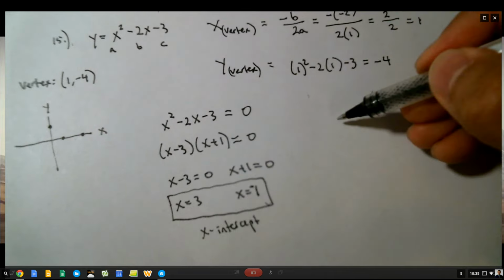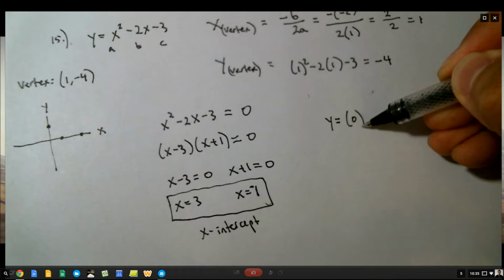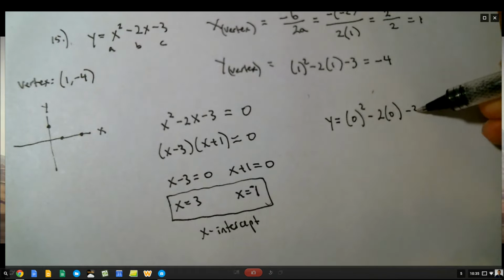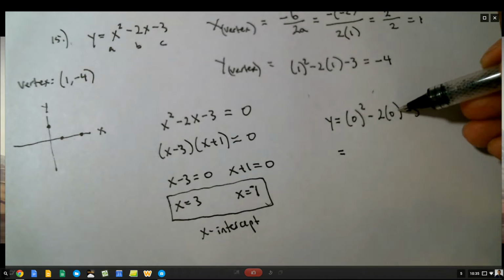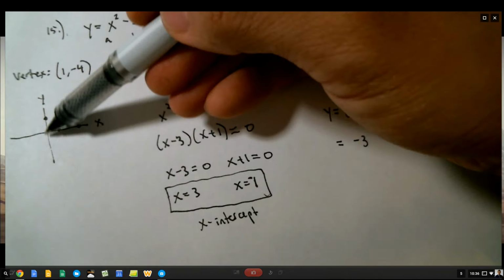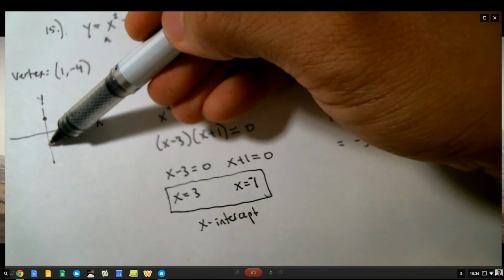So what we can do is set x to 0 and solve for y. Y is equal to 0 squared minus 2 times 0 minus 3. 0 squared is 0, minus 0, minus 3 is -3. So where it crosses the y-axis is at -3.